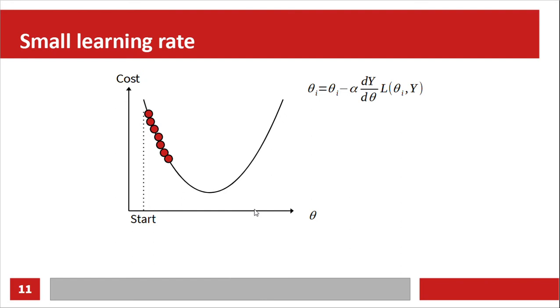So now, as we see, here's alpha, the learning rate. As you can see in this figure, if we start from this point and alpha is a small value, for example, you can reach the global minimum, but it will take much time.